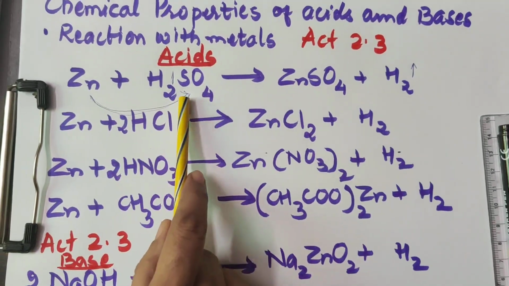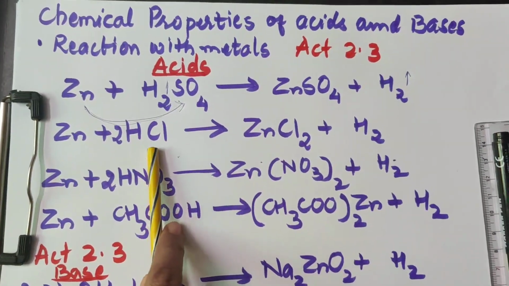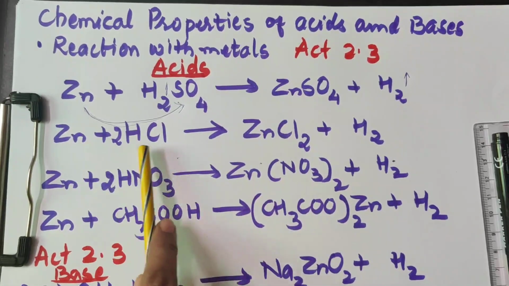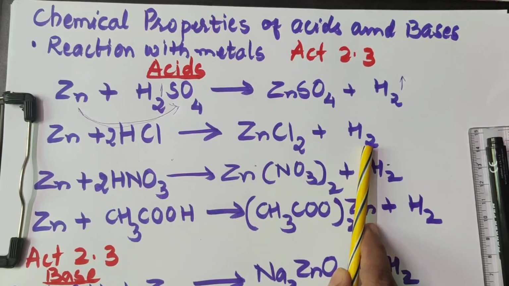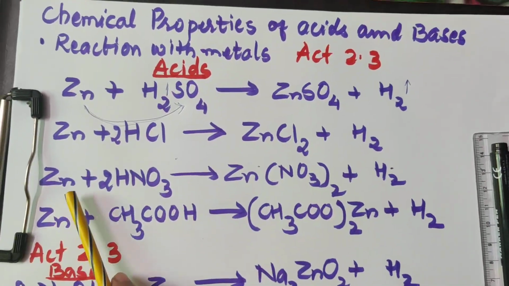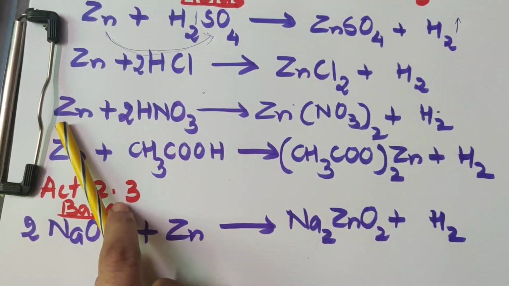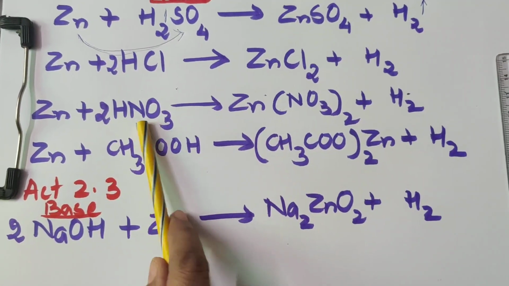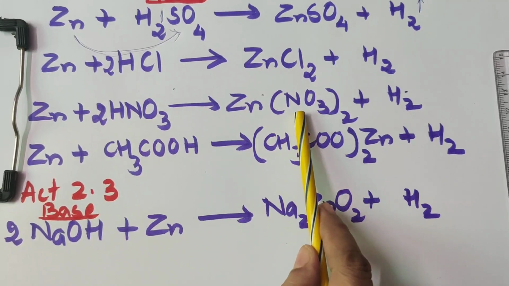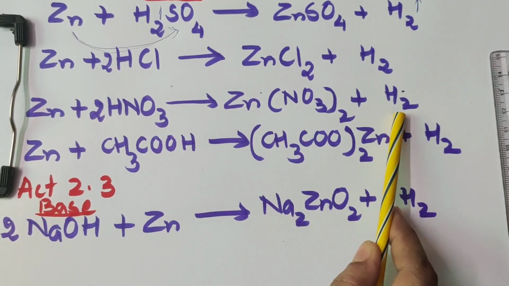If you replace sulfuric acid by hydrochloric acid, the result will be zinc chloride, the salt, and hydrogen gas is liberated. Next, take another acid. The metal is zinc and the acid is nitric acid, HNO3. It gives zinc nitrate and hydrogen gas is liberated.